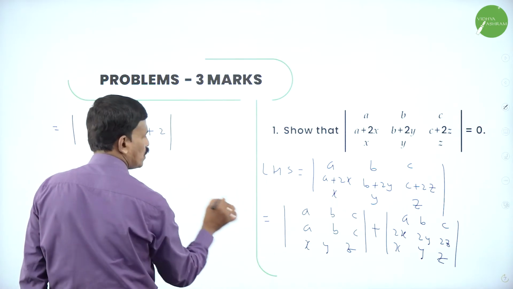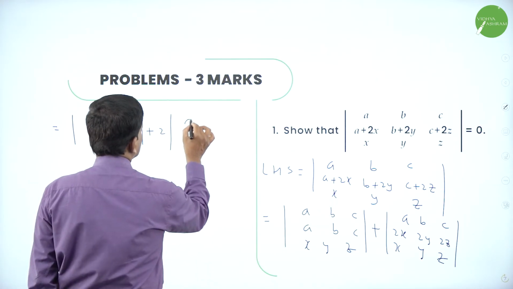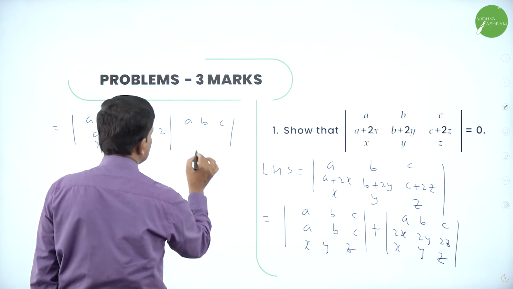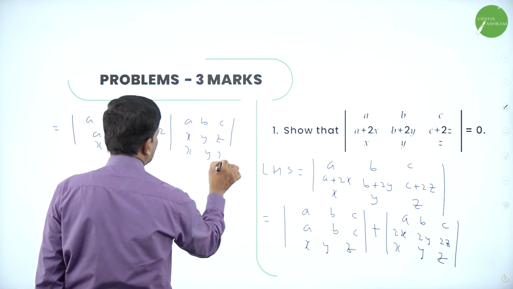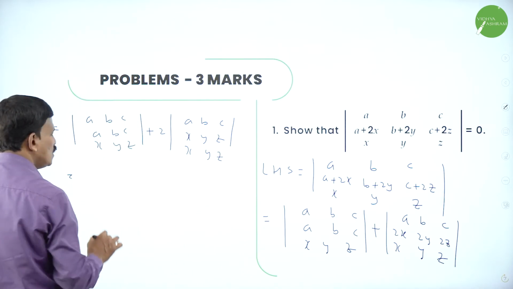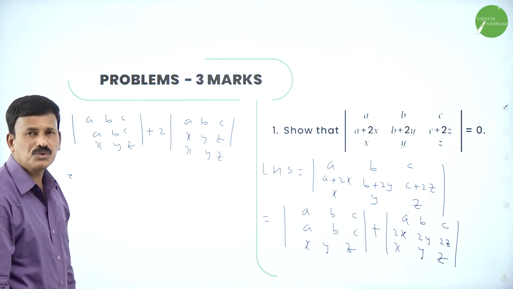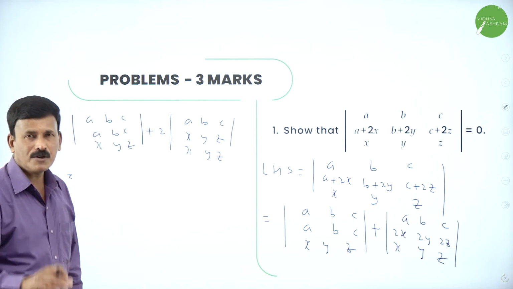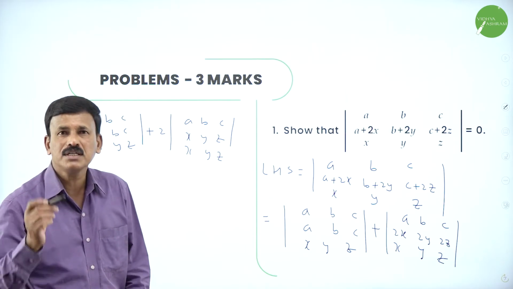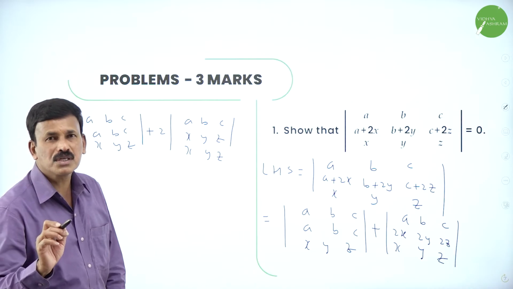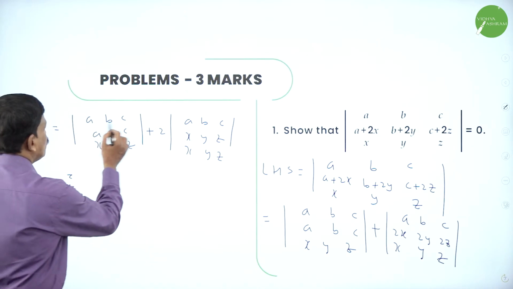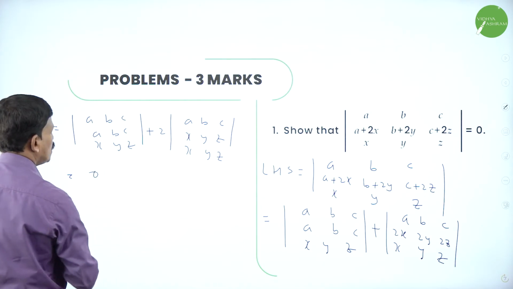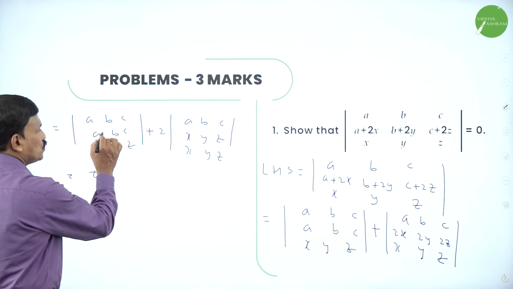If you take 2 common from the second row, then it becomes A, B, C, x, y, z, again x, y, z. Observe carefully. According to the property of a determinant, if two rows or two columns are the same, then the value of the determinant is equal to 0. Observe here, the first row and second row are equal. Therefore, these two rows are equal.